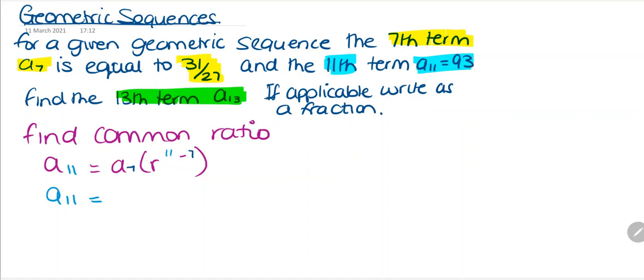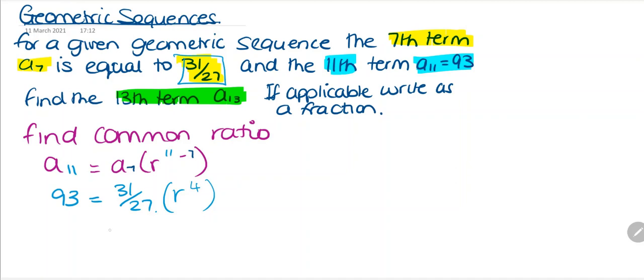So we're going to put A7, which is 31 over 27. R we don't know, we need to find, and 11 minus 7 is 4. To find A11, we have 93, so we can replace this with 93.